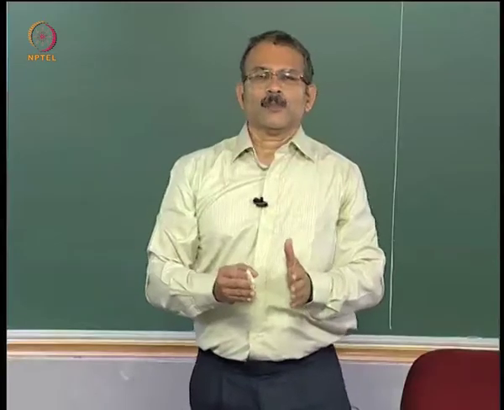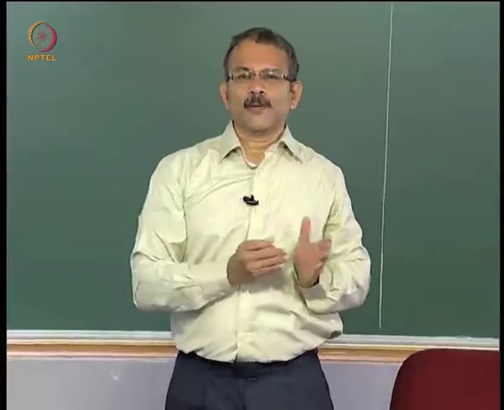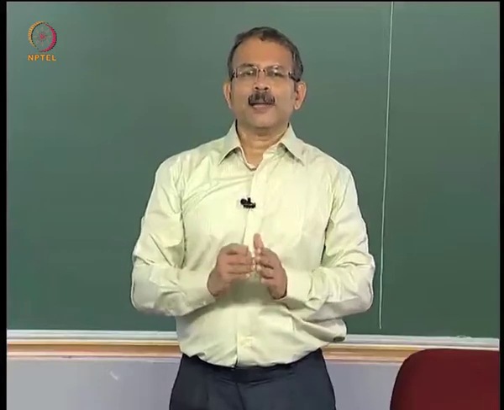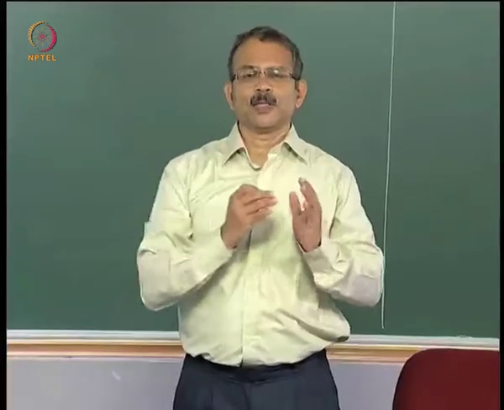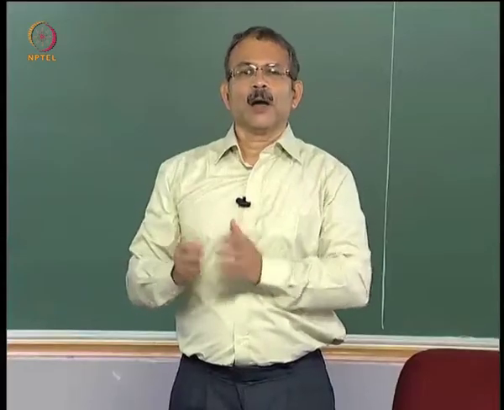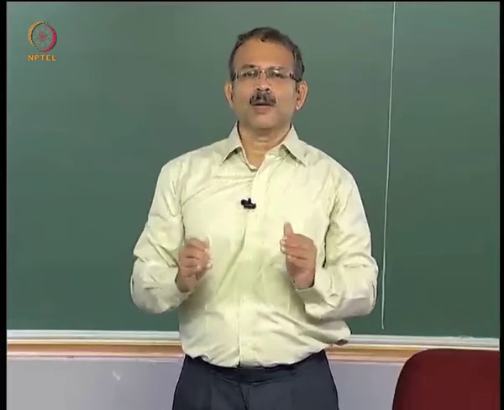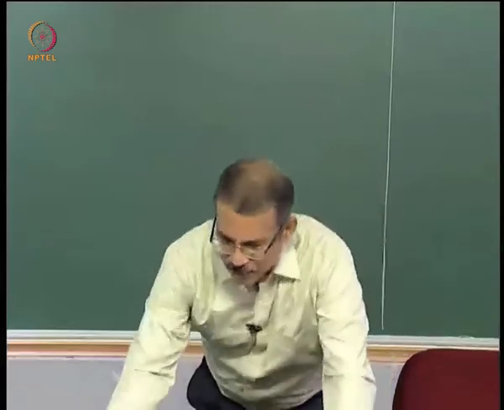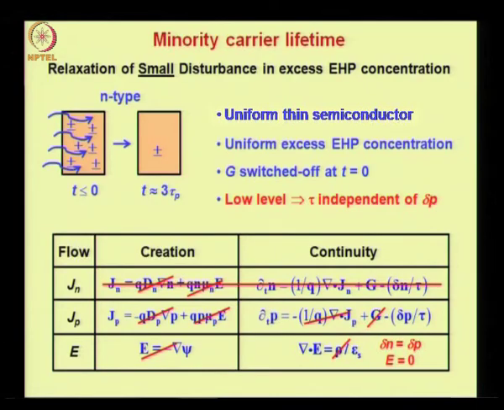You would recall from the discussion in the previous module about the lifetime that under low level conditions, independent of the mechanism of recombination, whether it is Shockley-Read-Hall recombination or thermal recombination or the Auger recombination or the radiative recombination, the lifetime is constant independent of excess carrier concentration. If the time constant is dependent on excess carrier concentration, then the differential equation would become a little bit more complex.